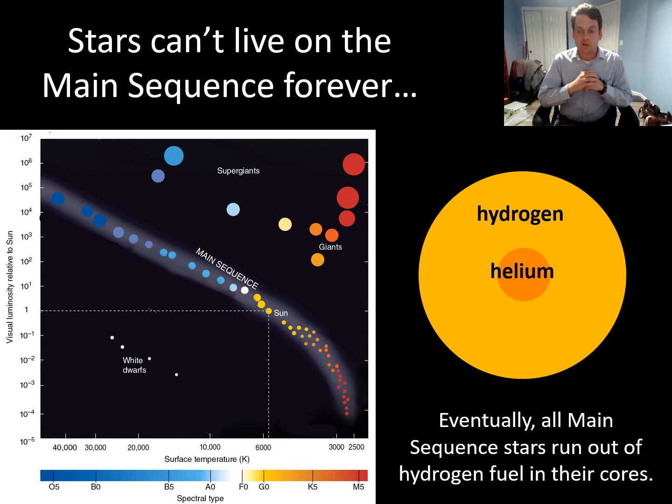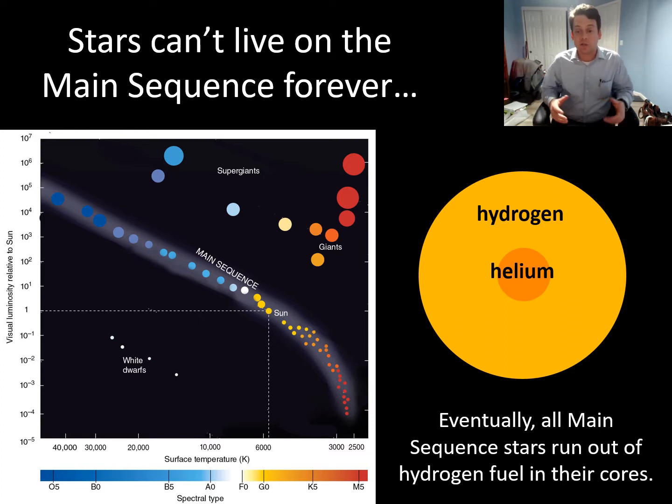For low mass stars, which is what we've focused on thus far, particularly in the context of the sun, that series of dominant reactions is known as the proton-proton chain.